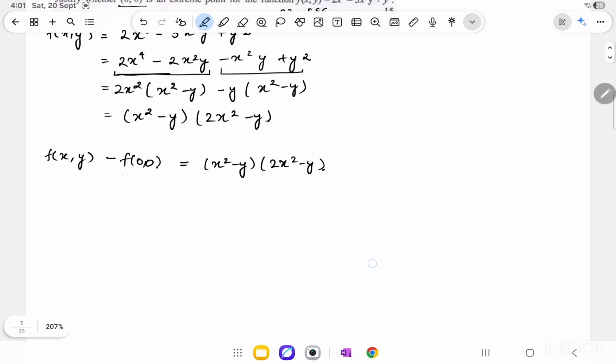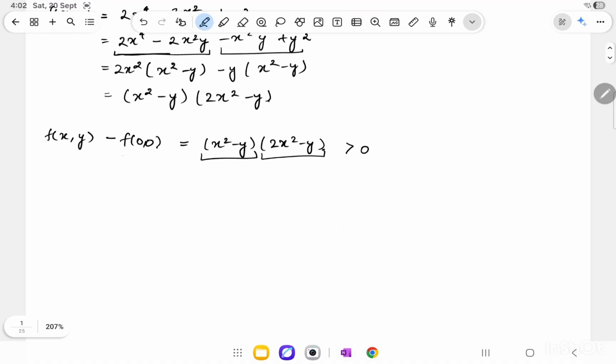So this term will be equal to (x^2 minus y) into (2x^2 minus y). If you see that, it doesn't have a fixed sign; it depends. For example, this will be greater than 0 whenever both factors are greater than 0 or both are less than 0. That is, if x^2 minus y is greater than 0 and 2x^2 minus y is also greater than 0, that gives x^2 greater than y and 2x^2 greater than y.